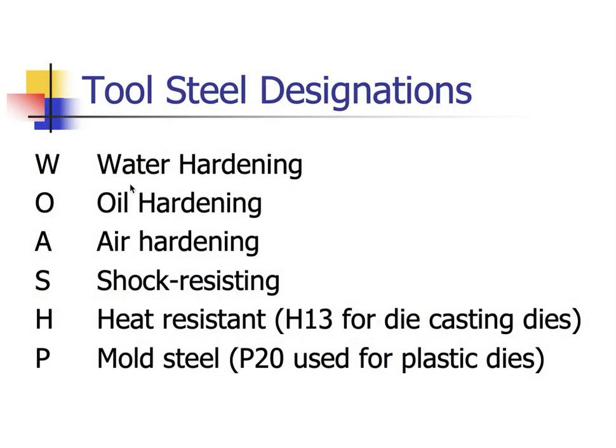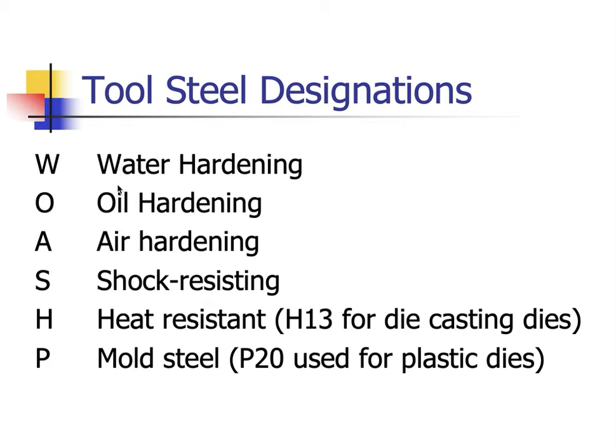So let's go over. Oil hardening means that I harden this in oil. If I harden oil hardening tool steel in water, it will crack. Water hardening has to be hardened in water. If you try to harden W1 in oil, it doesn't get very hard. Okay, so as we go from water to oil to air, the cost might be a ratio.